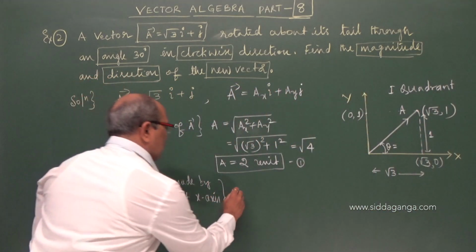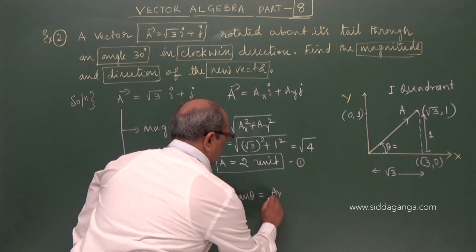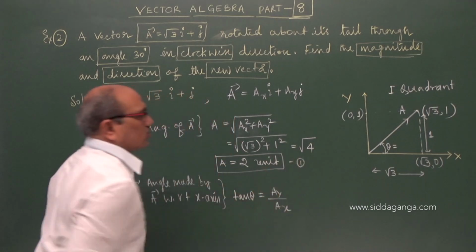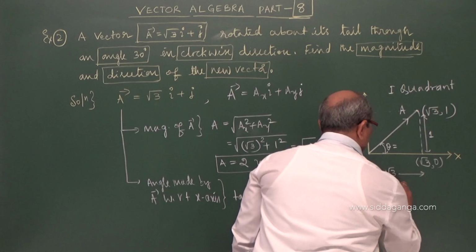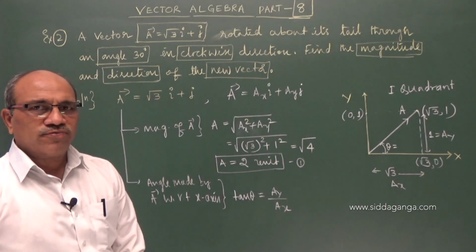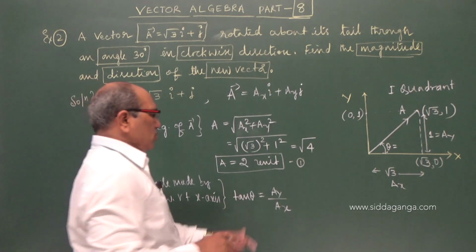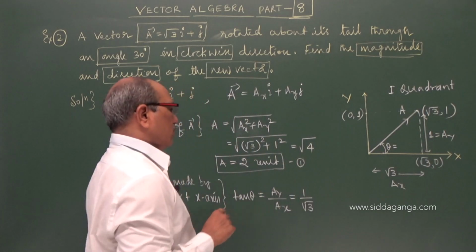So I can apply tan theta equals Ay by Ax. This is Ax and this is Ay. What we got here is 1 by root 3.